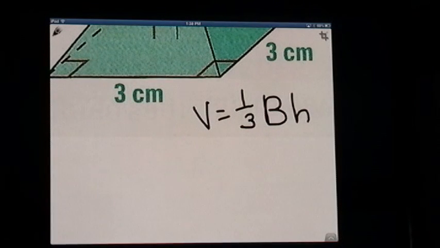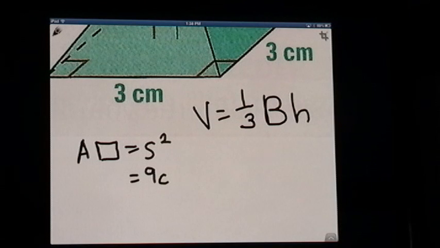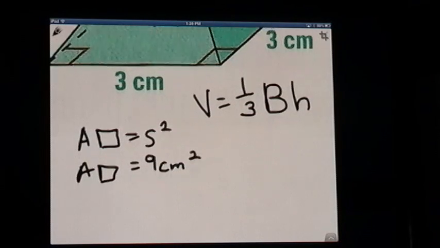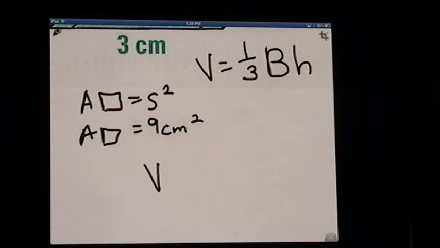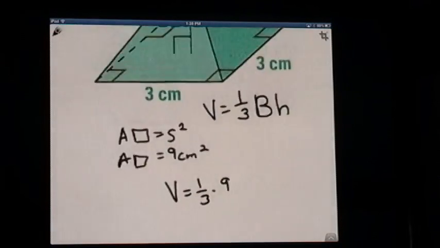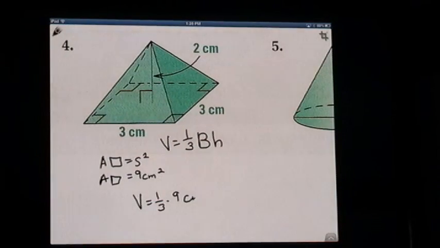Okay, so the area of the base, the area of the square, is equal to side squared, or 9 centimeters squared. Then we've got to multiply that by the height. So volume is equal to 1/3 the area of the base, which is 9 centimeters squared, times the height, which is 2 centimeters.